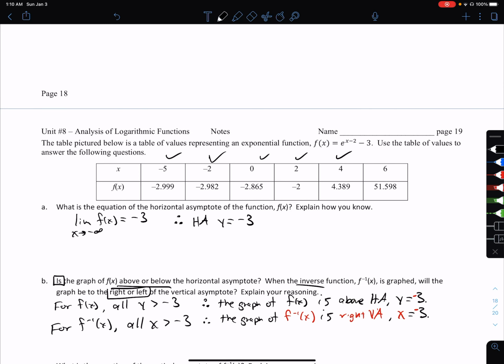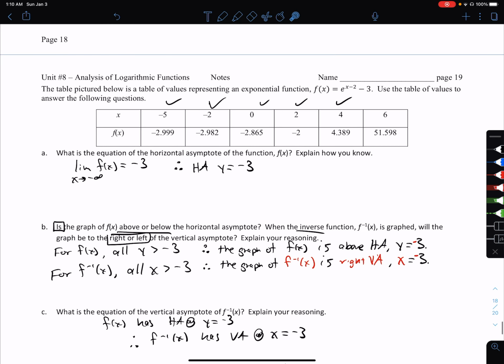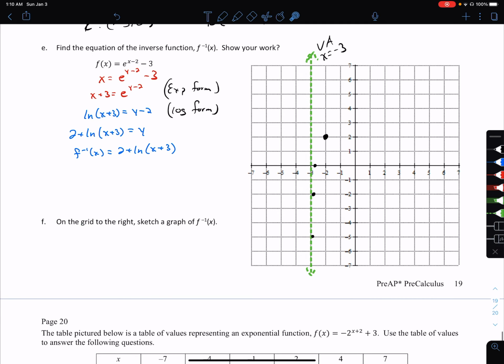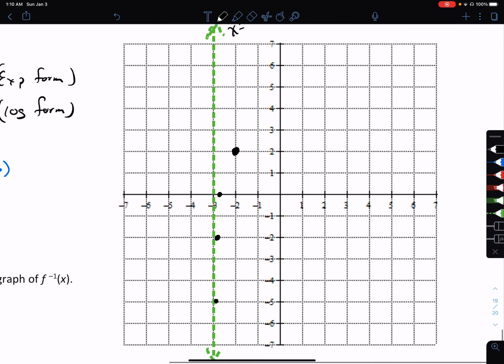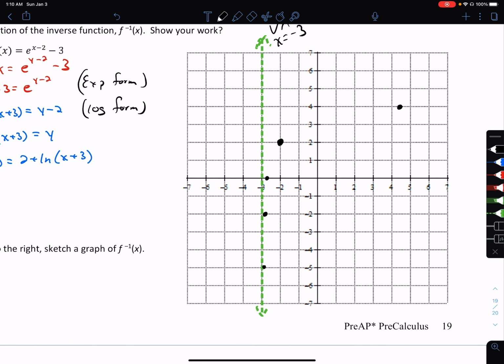And let's do this one. So reversing the x and y, to the right 4.389 and then up 4. So that would be something like right about here and then up here, maybe something like this.